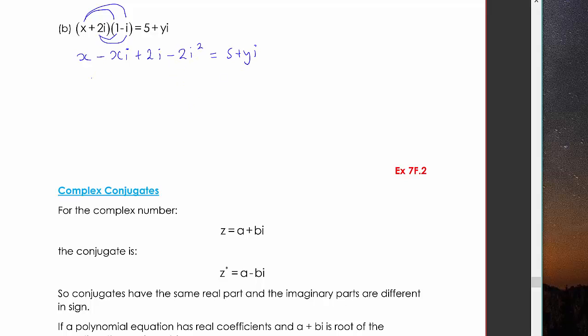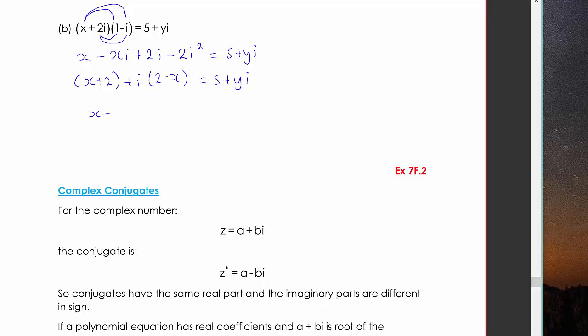So i squared is negative 1, so the real part is x plus 2. And then I've got plus i, 2 minus x, is equal to 5 plus yi.